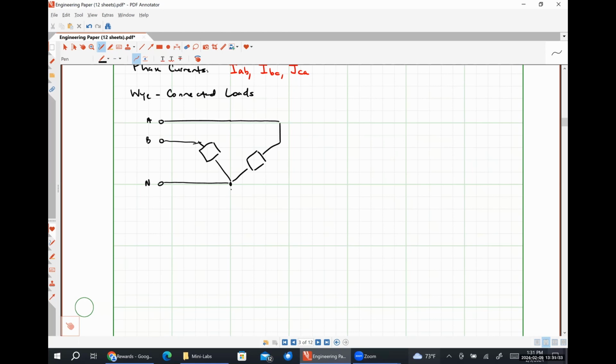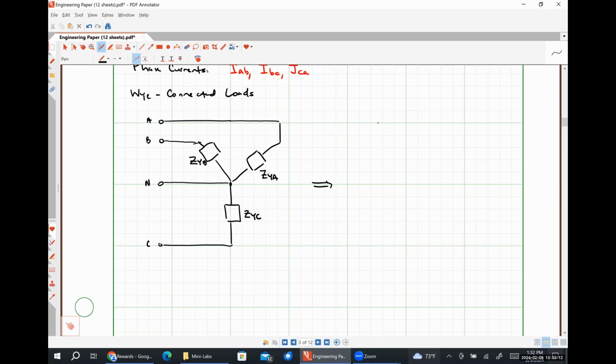Might have something that looks like this, where all of these boxes are just generic impedances. So I might call this one ZYA, this one ZYB, this guy over here, ZYC. In a balanced system, they would all be equal. In an unbalanced system, one or more of them are not equal to each other. So that's one way to represent it.